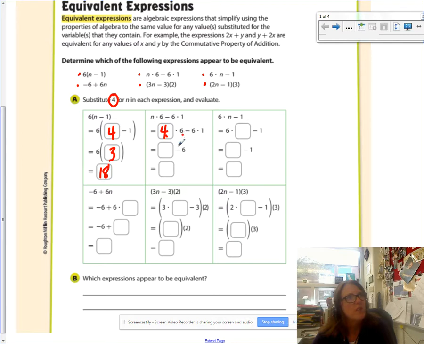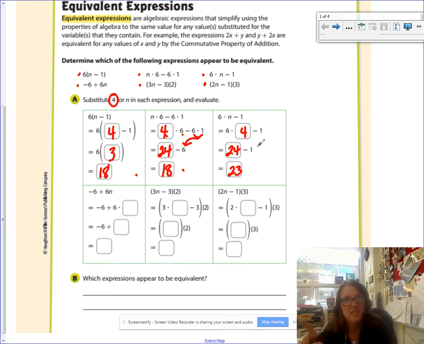So here I get 24. 6 times 1 gave me 6. They did that for you already. 18. Ooh, maybe. Let's see what happens on this one. Substitute 4. You have to multiply before you subtract. You get 24 minus 1, that's 23.